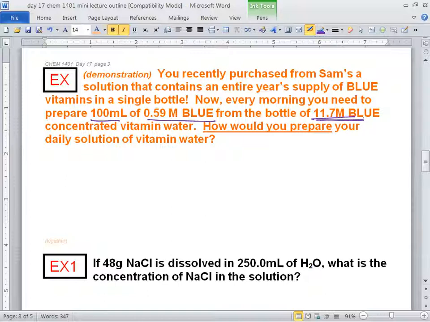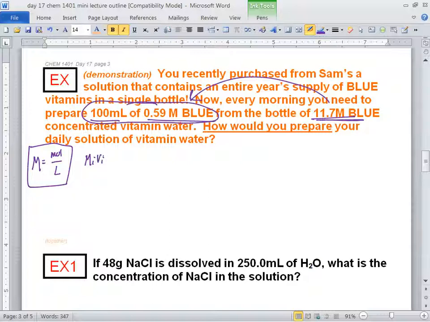Right? So you want to make this solution from that concentrated stuff. So how would you prepare it? So first, Dylan, let me ask you here. I see us having two equations. There's one equation.